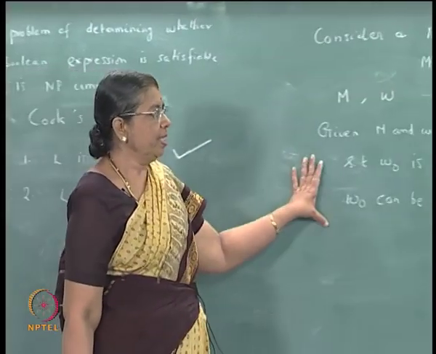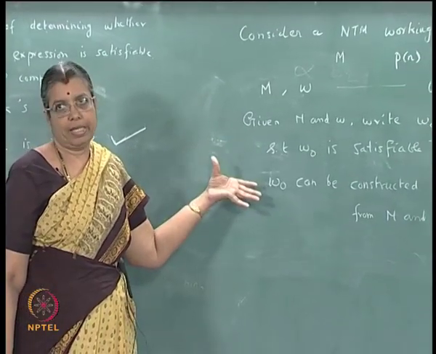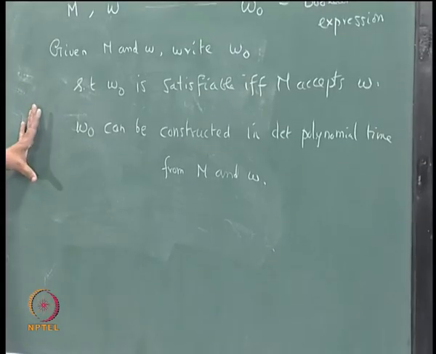So, if you prove this, that means we are showing that Boolean satisfiability is NP complete.